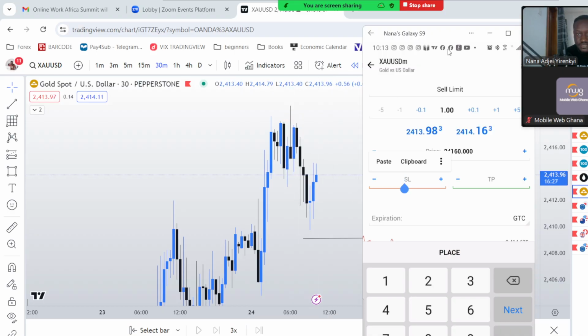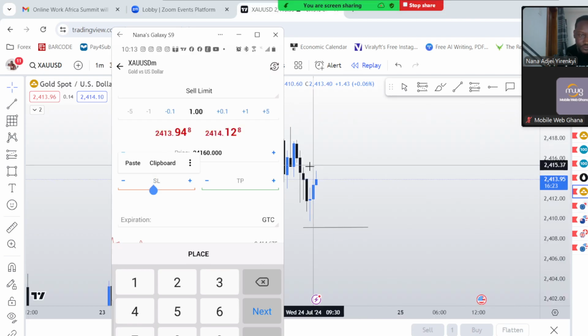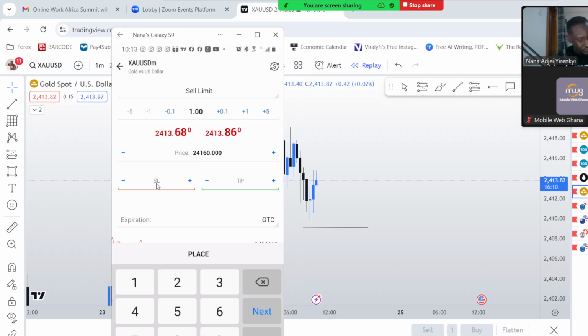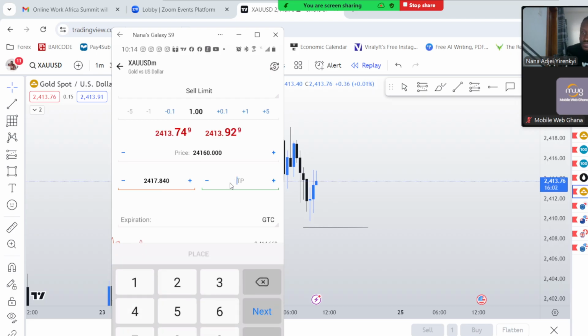So let's say we are setting our stop loss anywhere above our entry, because we are selling around 2416. Our risk level would be maybe somewhere above the entry, which is maybe 2417.84. So you just want to type 2417.84, and then your TP is your intended or your potential profit target that you want to make.